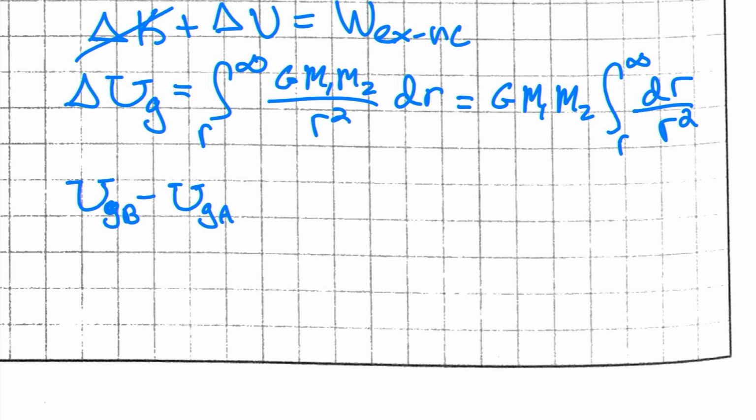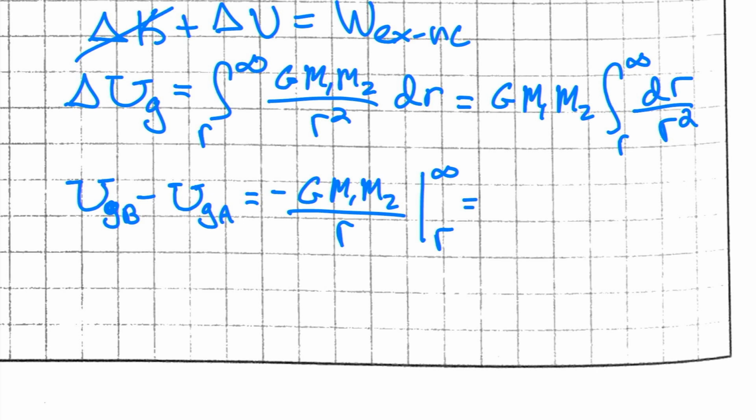The potential energy at B minus the potential energy at A, final minus initial, always for delta. That's going to equal G M1 M2, and the integral of 1 over r squared dr becomes negative 1 over r, and this is going to be evaluated from r to infinity.